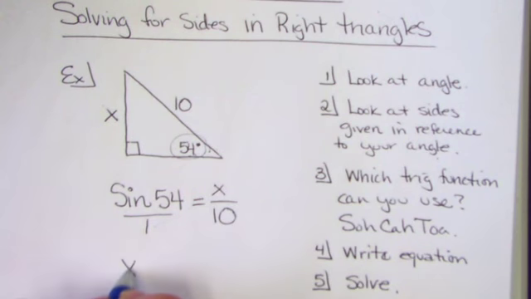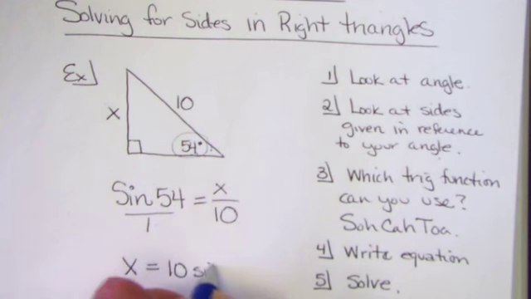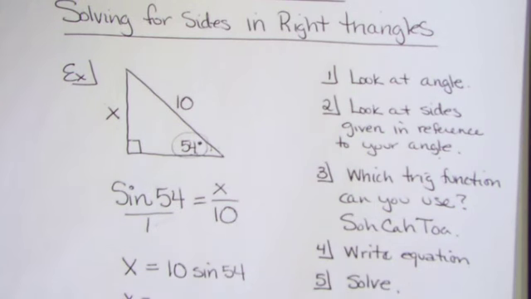X times 1 is x. In this direction, I have 10 times the sine of 54. Using my calculator, that's in degree mode, 10 times the sine of 54 is 8.09. So this side is 8.09.